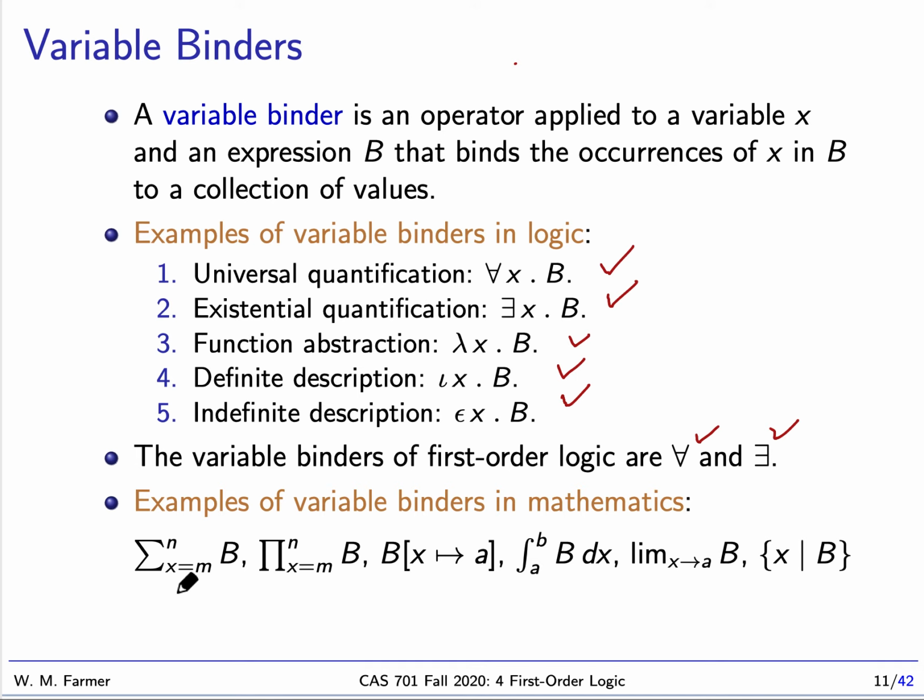So the dummy variable in iterated addition is x in this case. Iterated multiplication is x. In substitution, the dummy variable is x. In integration, it's x here. When you have a limit, it's x, and x here. All of these are variable binders, and they all use a dummy variable that could be swapped out, and we could use a different variable.